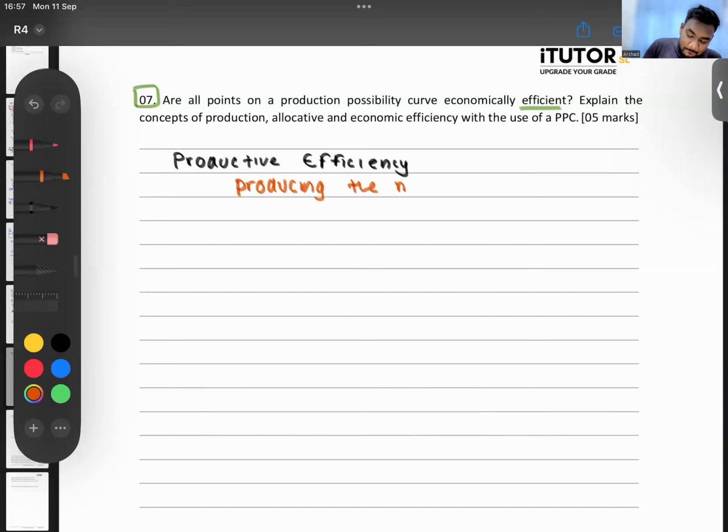the maximum. Don't just say maximum, say maximum sustainable output. That's more correct.